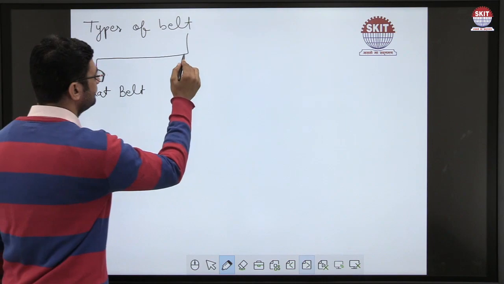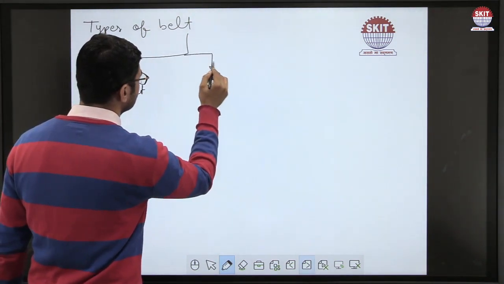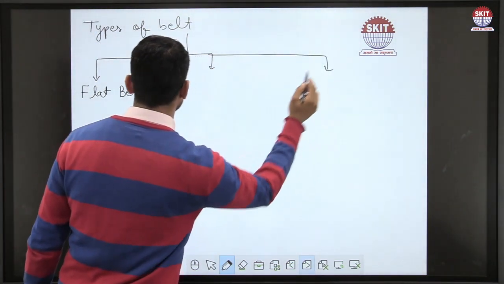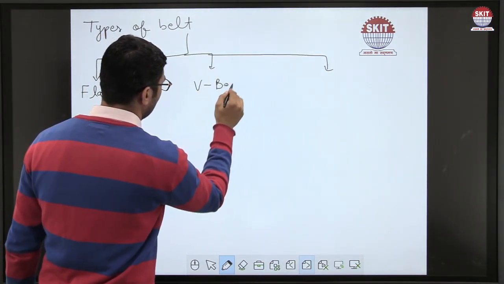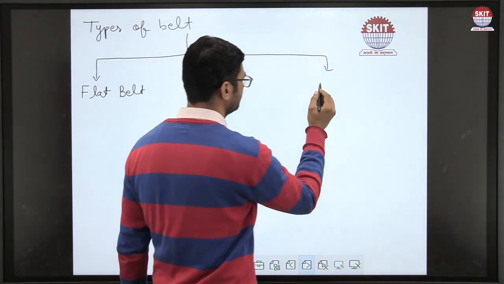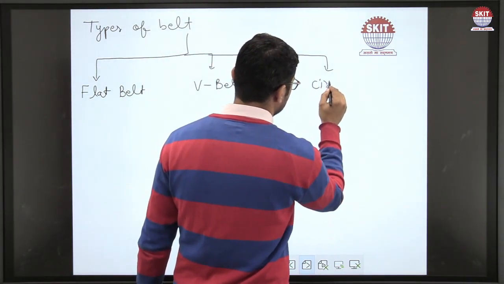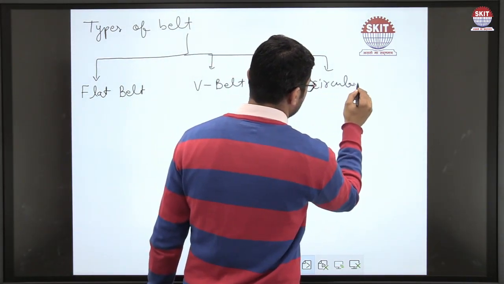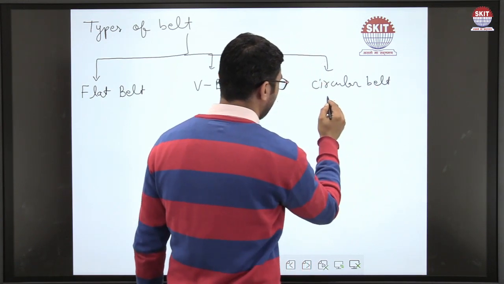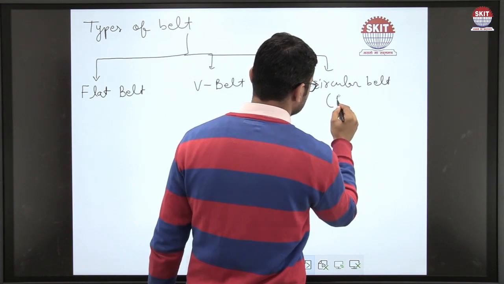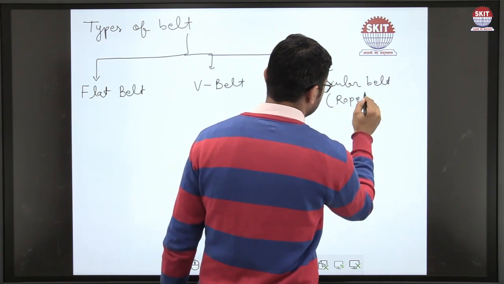Flat belt, V belt, or circular belt, which is also known as rope.